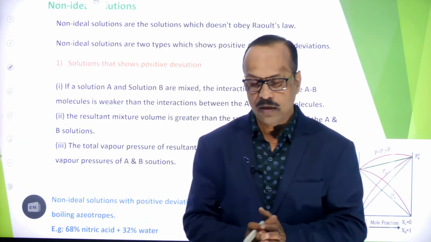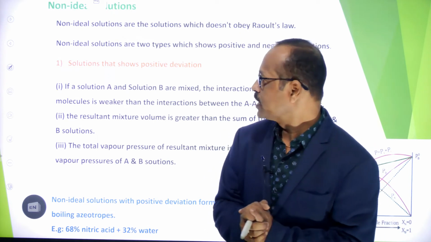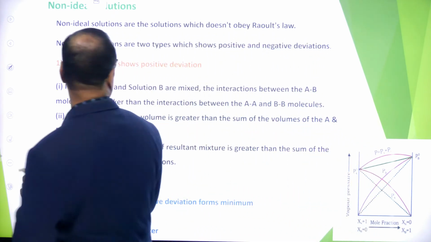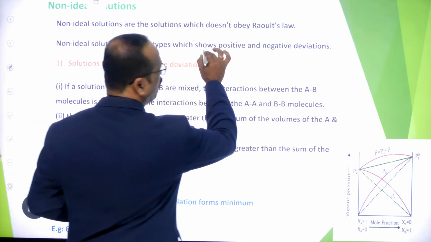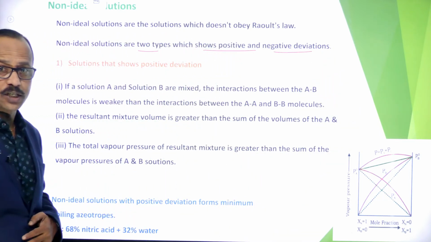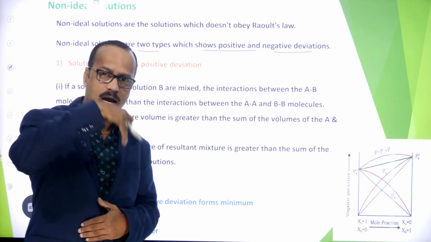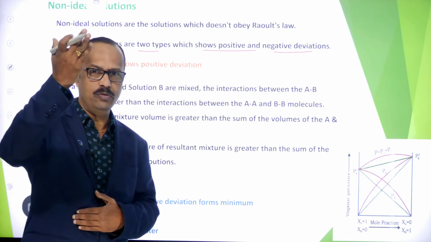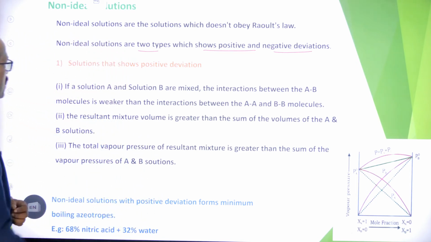Non-ideal solutions are of two types, which show positive deviation and negative deviation. Positive means above, and negative means below. Alright.